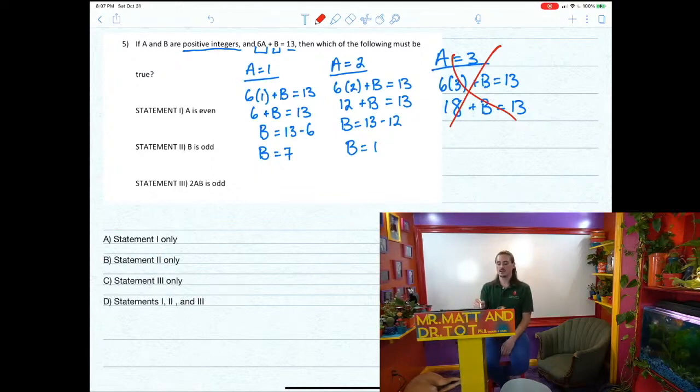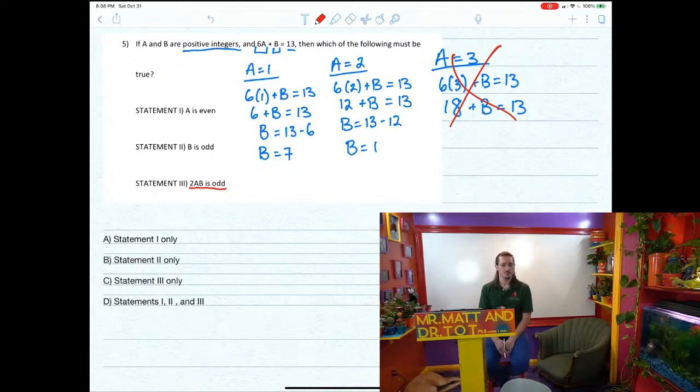I do want to point out, sometimes they throw some statements at you that are blatantly false. If you investigate statement 3, notice it says 2 times A times B is odd. 2 is the only even prime number. So if you multiply some values by 2, that result will be divisible by 2.